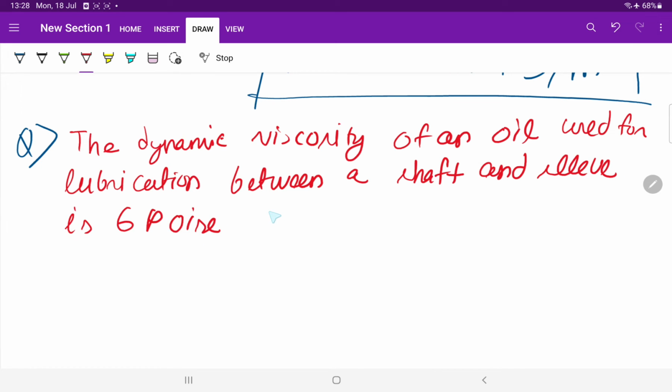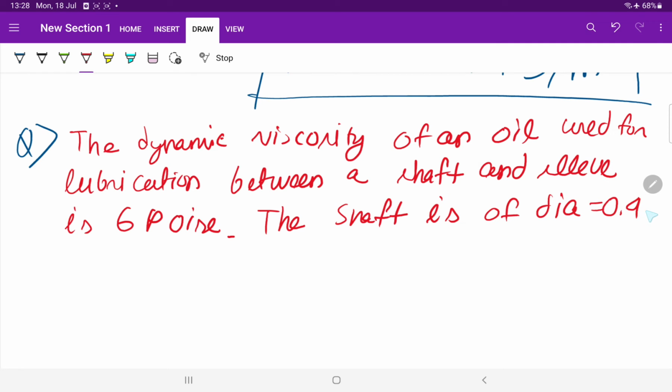Now you already know the relation between poise and Newton second per meter square. What is the relation? 1 Newton second per meter square is equal to 10 poise, right? Okay, back to the question. The shaft is of diameter d equal to 0.4 meter and rotates at 190 rpm.